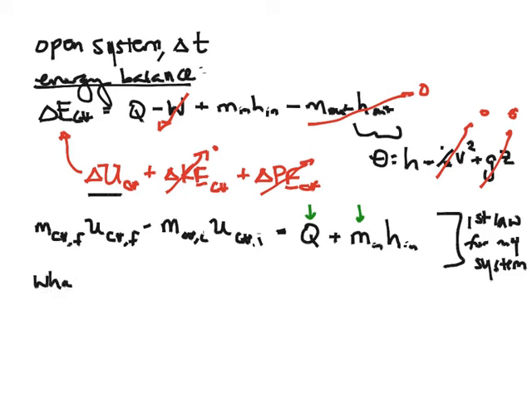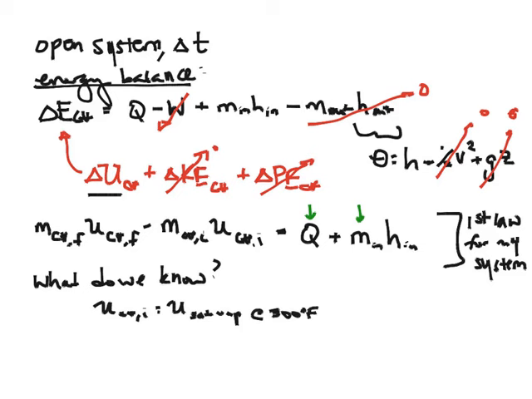So what I ask myself is, what do we know? Okay, so I'm just going to start from the left and head to the right. So the first thing I know is my initial condition in the tank. I know I have a saturated vapor, so I can find from the tables the specific internal energy of what's already in the tank, which is going to be the specific internal energy of saturated vapor at 300 Fahrenheit, which, recall, is what our problem told us the initial temperature of the tank is.